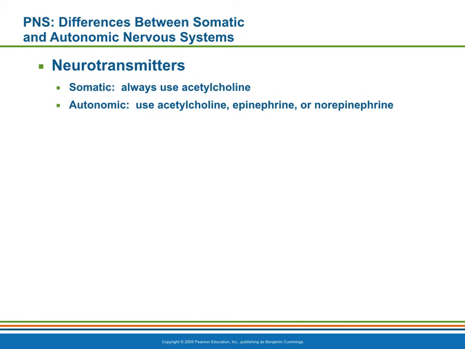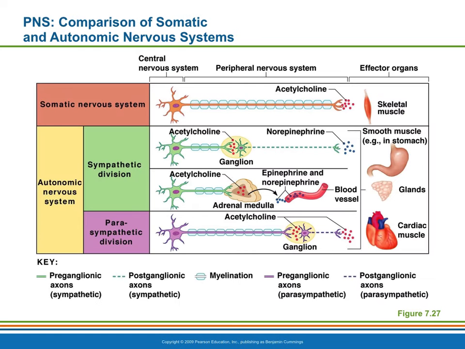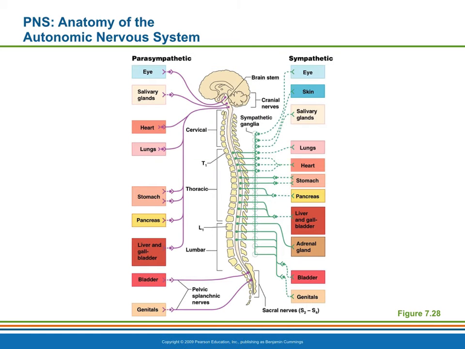In addition to the nerves and the effectors, each division differs in its choice of neurotransmitters, as you can see here. Now this figure shows the comparison of the somatic and autonomic divisions in a diagram that maybe some of you might like better. Now this figure shows the parasympathetic fibers in purple and the sympathetic fibers in green.